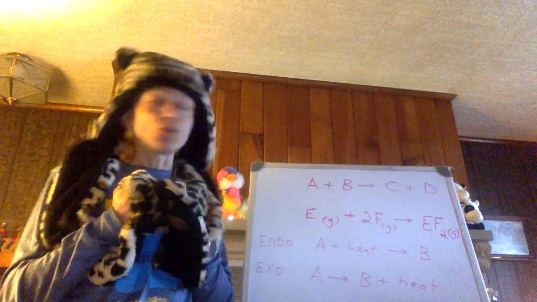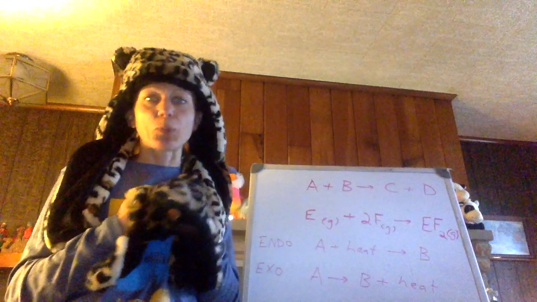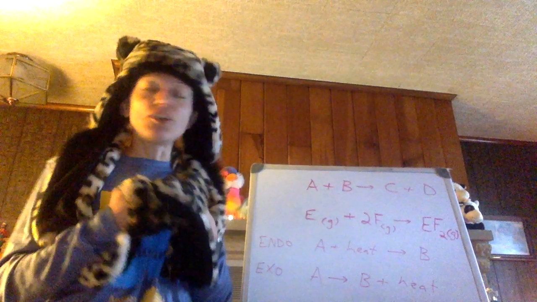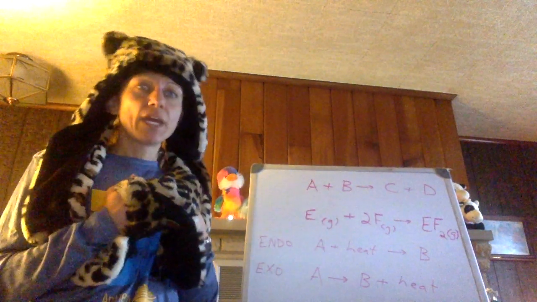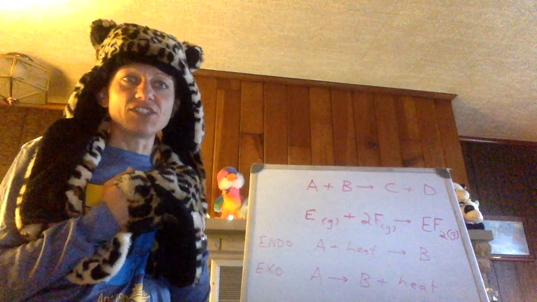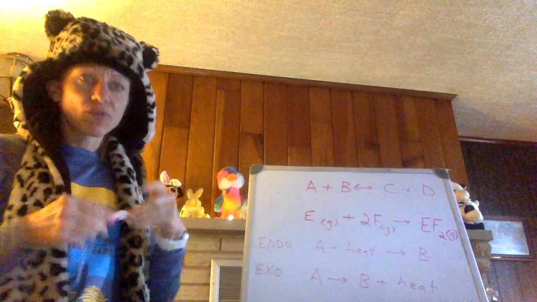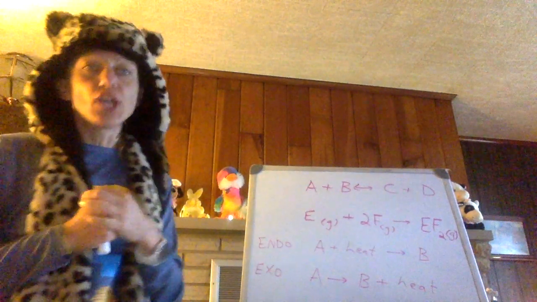So the first thing we're going to look at is your very basic reaction, A plus B yields C plus D. It's in your packet. So what you've got to know is if I'm adding A or B, I'm going to make more C and D. If I'm adding C and D, it goes the other direction to make more A and B. So whichever side I add to, more of the other side is made to fix it.